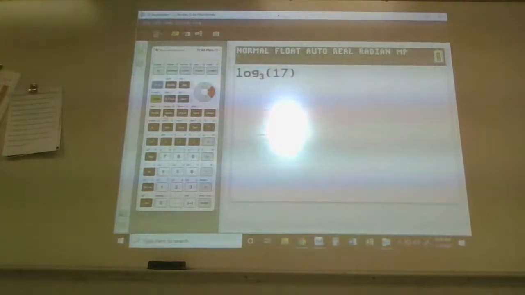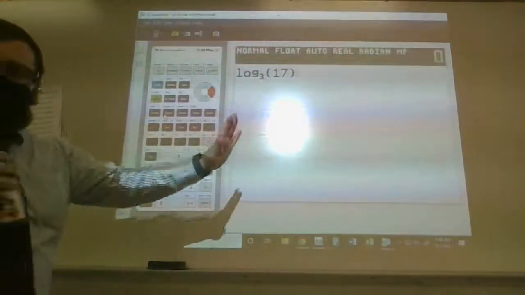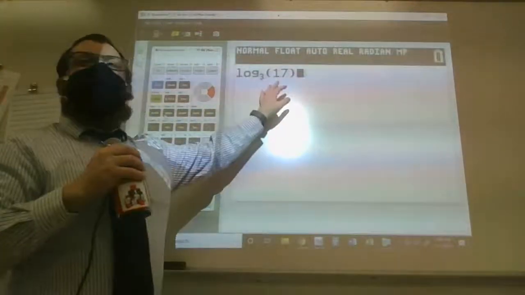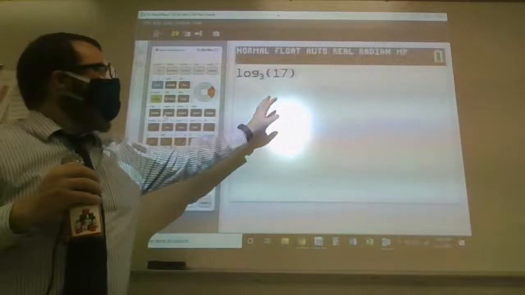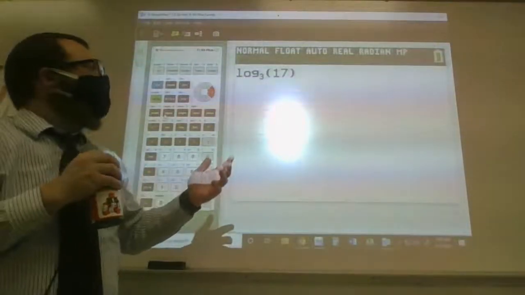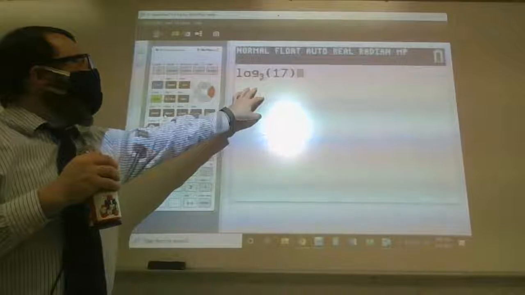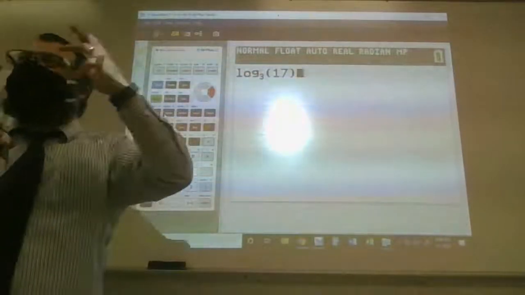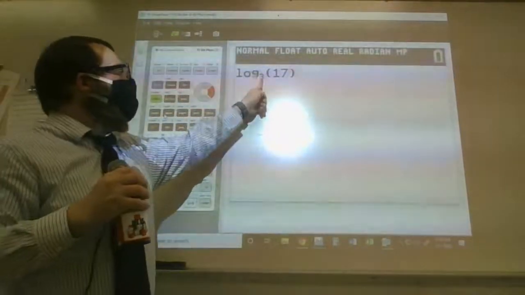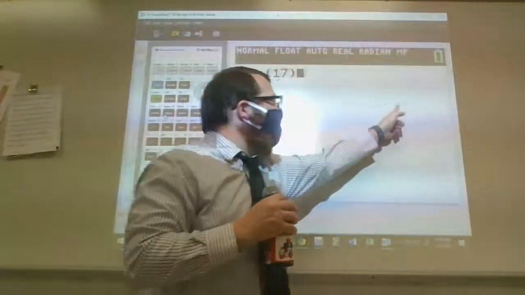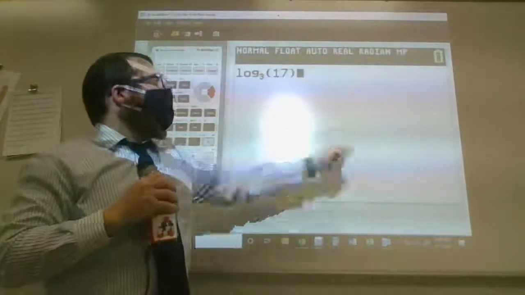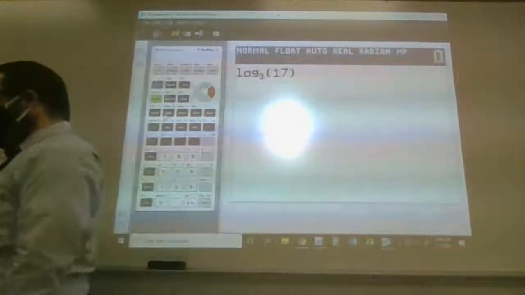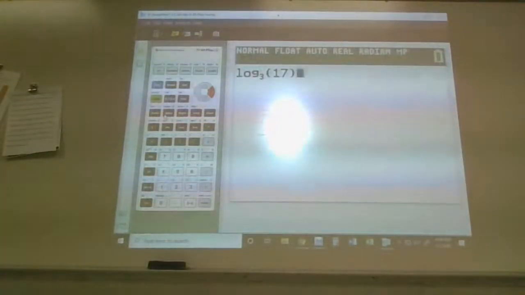Now, before I hit enter, I just want to talk about what this logarithm is actually saying. When I hit enter, I'm going to get a decimal. And what this logarithm is saying is, think exponentials: 3 to whatever this power is will give you 17. 3 to the decimal answer that I'm going to get is equal to 17. And I'm going to prove that.